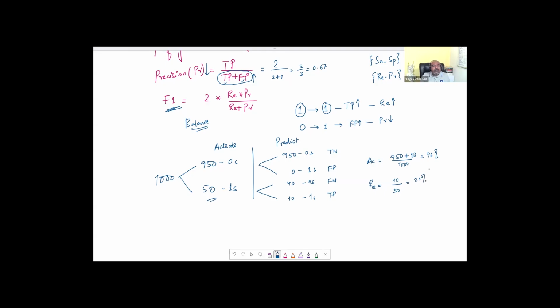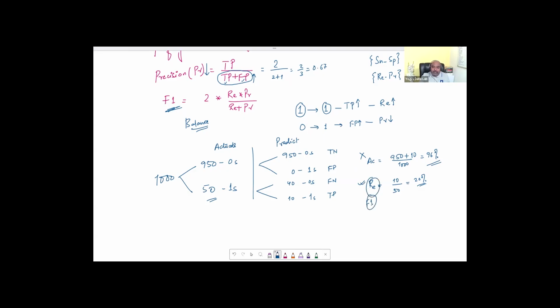This means that despite your model being 96% accurate, you are able to identify only 20% of the fraudulent transactions. So this is not a very good result. This is why accuracy is not a very good metric to look at in a binary classification. You should concentrate more on recall or F1, whichever metric you have selected.